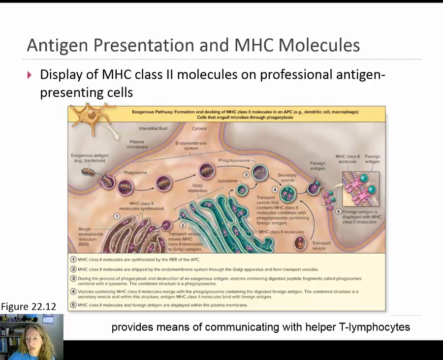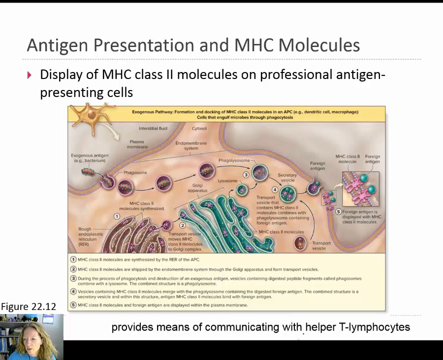But just make sure you know that you have your little MHC2s that are binding a foreign antigen. Again, it's a foreign antigen. These are MHC2s that are displaying it. How do I know it's an MHC2? Because this is an APC. This is a dendritic cell. This is a macrophage or something like that. So that's how they're displayed.